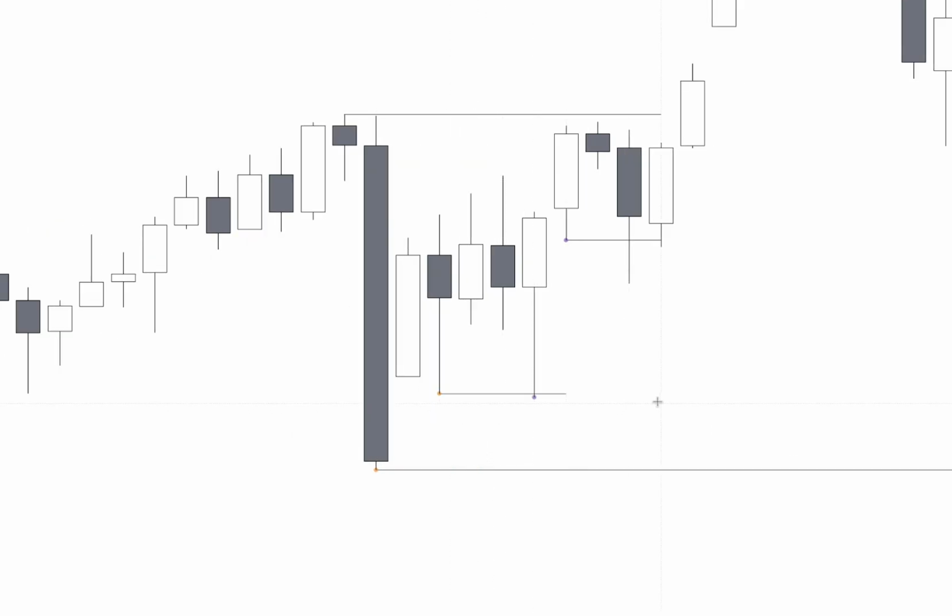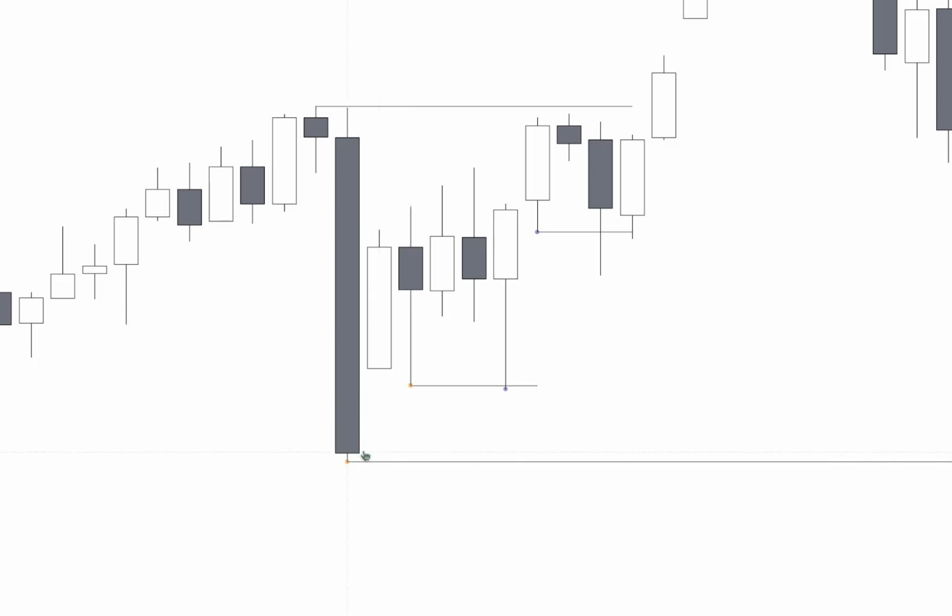So in this case, there are two purple points. Hold on, this one is supposed to be here on this low. So there's a lot of space between that low and this low. So that is a relevant swing.